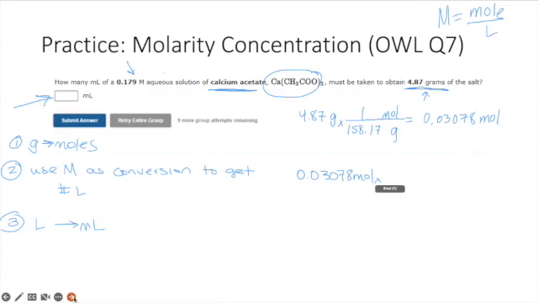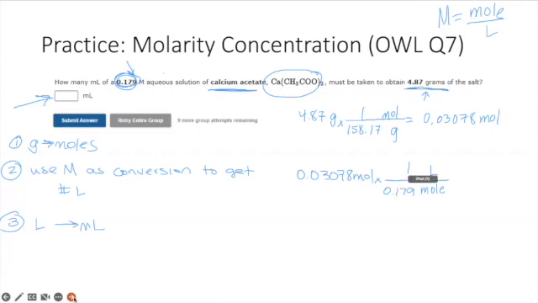So how do I know what goes where? We know that big M is moles over liters. In order to use this as a conversion factor, I can flip this and say mole over liter, but I want this number to be married to the mole.